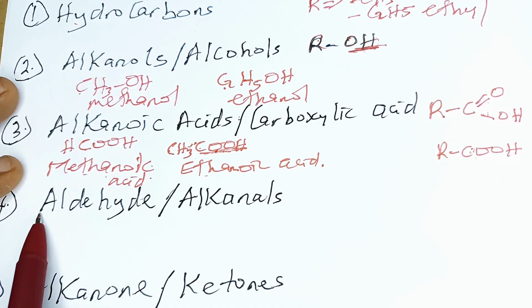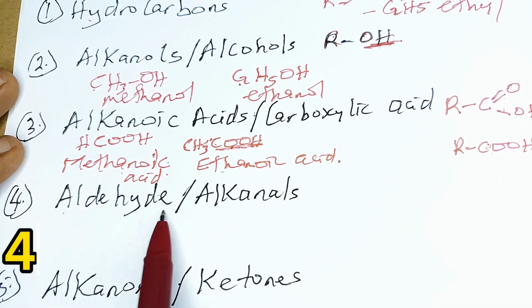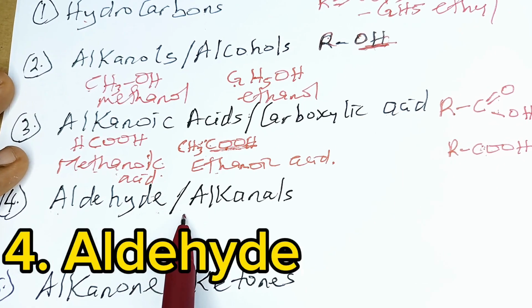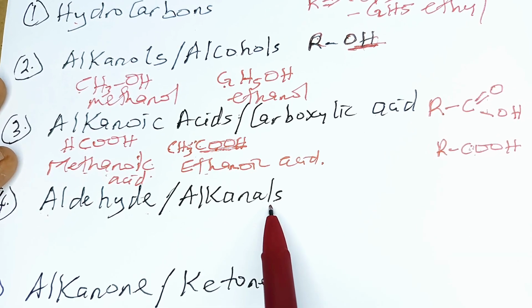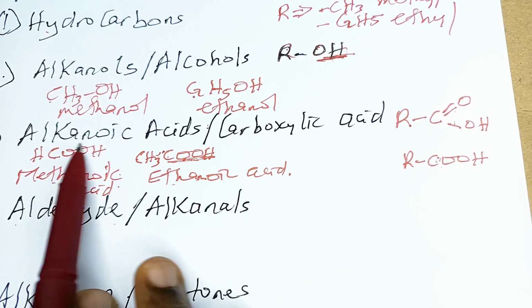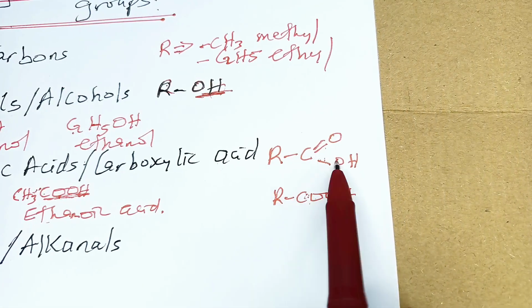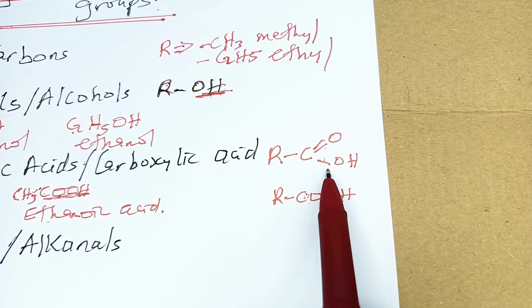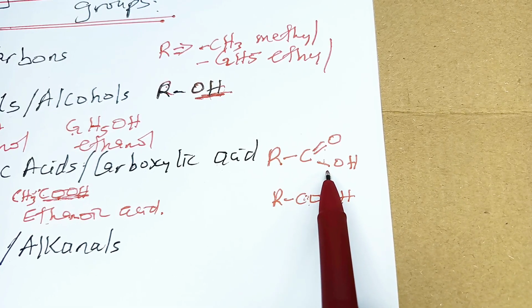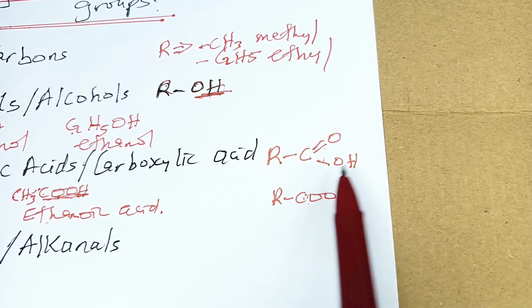Now let's go to the next one, number 4, aldehyde. Aldehydes are also called alkanals. How can you identify this? This carboxylic acid, called alkanoic acid, gave birth to a lot of functional groups under organic chemistry. How does it form?